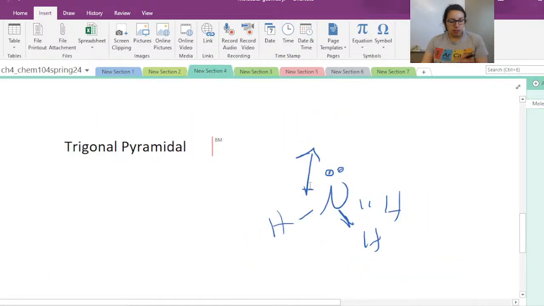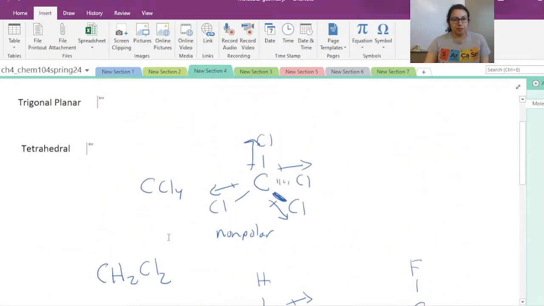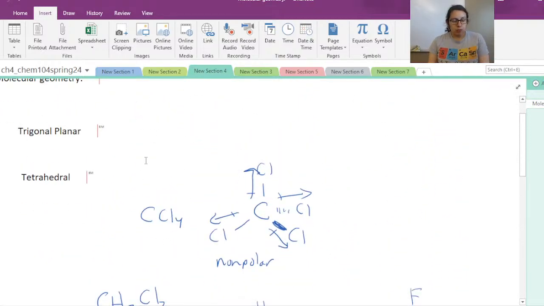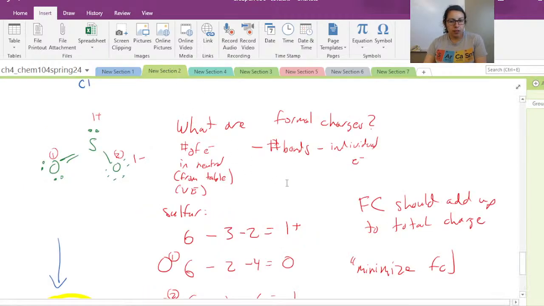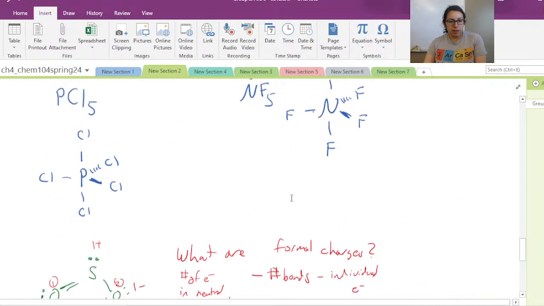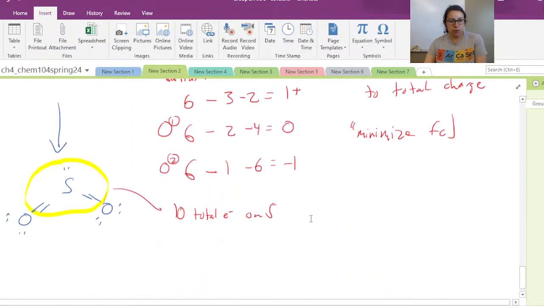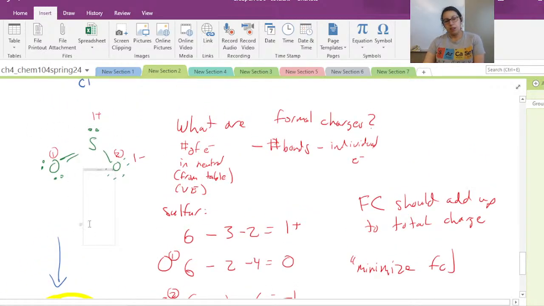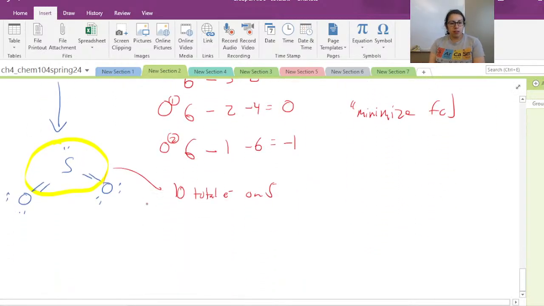And last thoughts on geometry. So trigonal planar was our BF3 or aluminum trichloride in general. And then going back to our sulfur one, we spent a lot of time on sulfur, and we should have concluded the geometry.